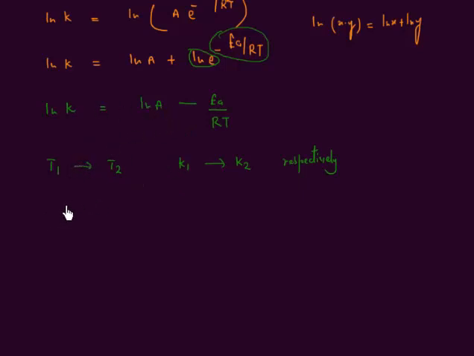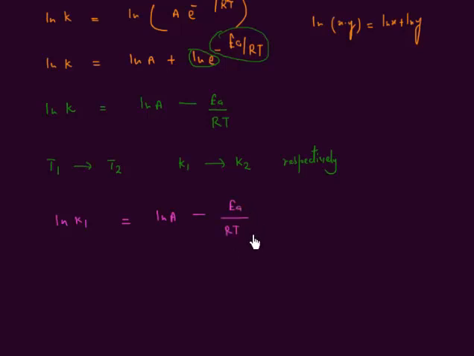So here the expression that we get for initial temperature and initial rate constant is ln k1 = ln A minus Ea/RT1. ln A remains constant when the temperature of the reaction is changed.